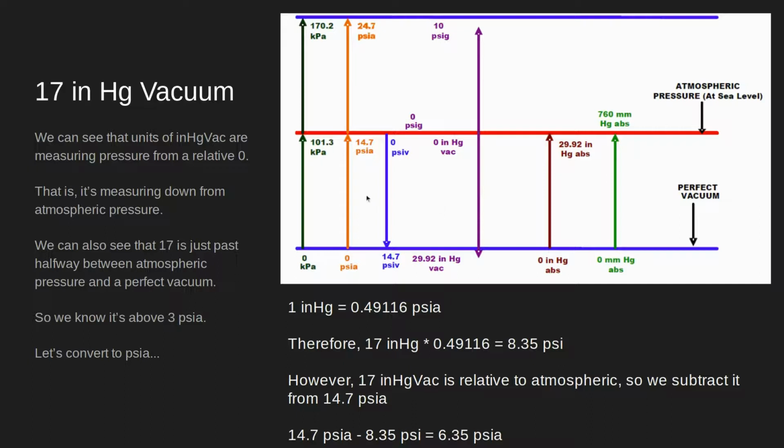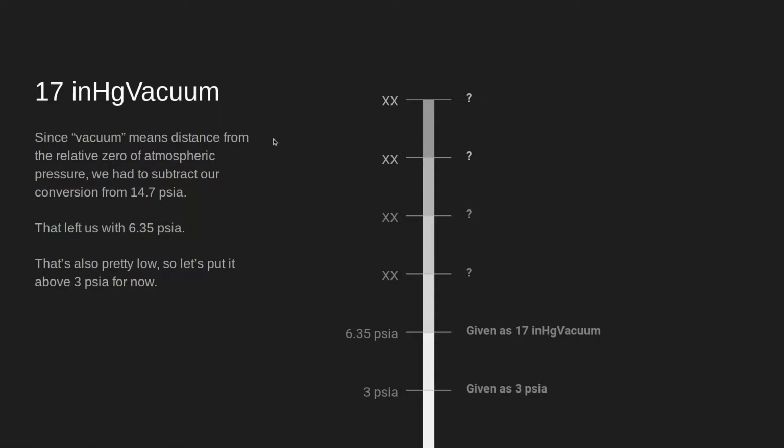We know on the psia scale, 6.35 is a little below half. That matches with where we can see it would have landed on the inches of mercury vacuum scale. It's a little below middle, and we can see already it's above the 3. So let's put that on: the 17 inches of mercury vacuum, which converted to 8.35 pounds force per inch squared.